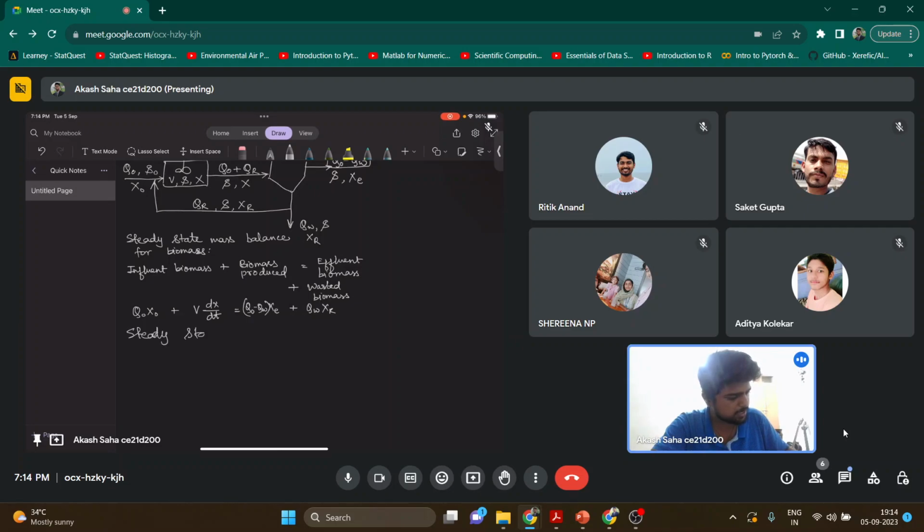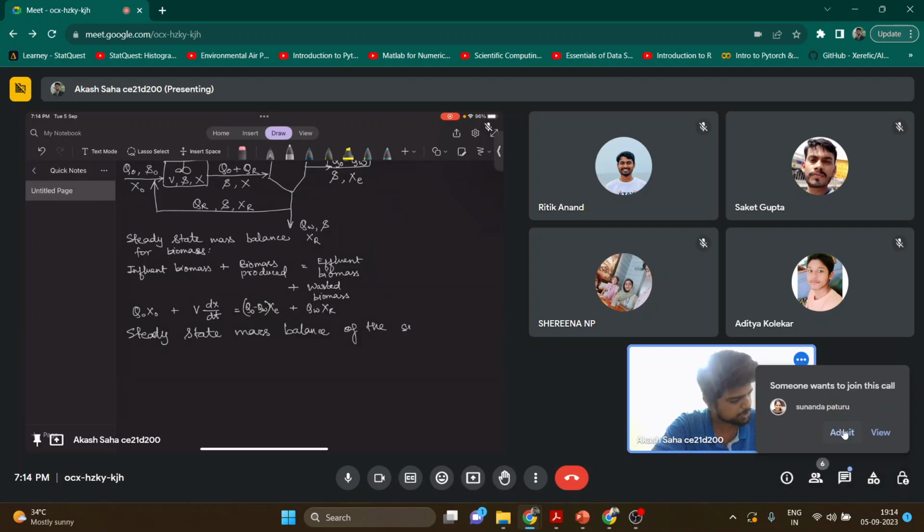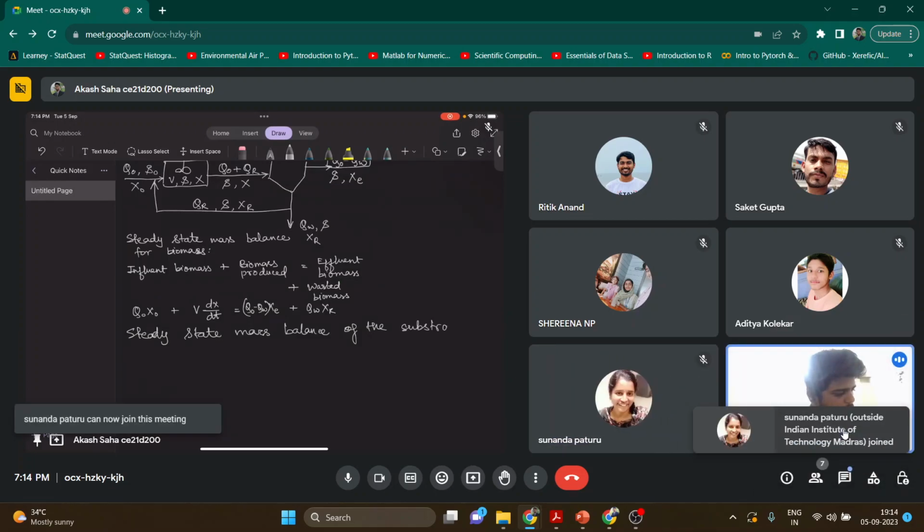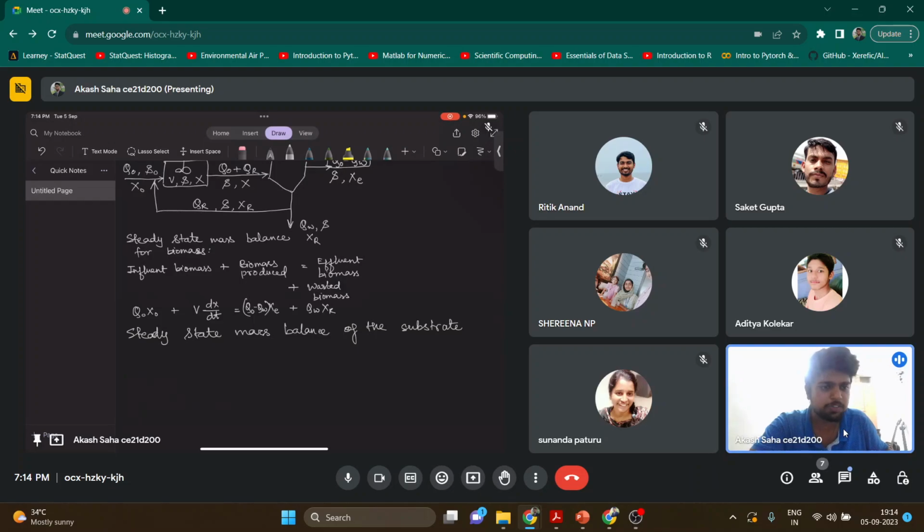Now we will see at steady state what will be my mass balance of the substrate. For the substrate we will similarly write, but instead of biomass we will see how my substrate is changing. So it will be Q naught into S naught.